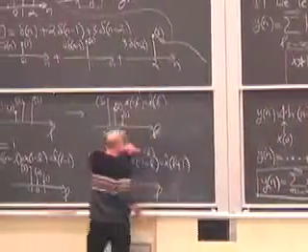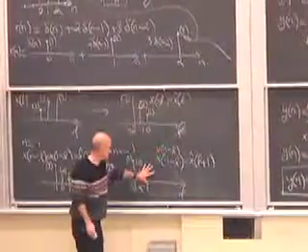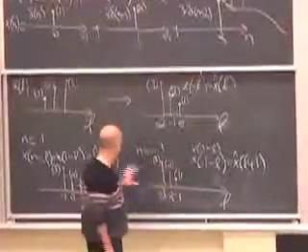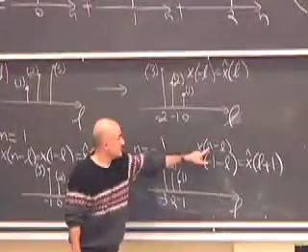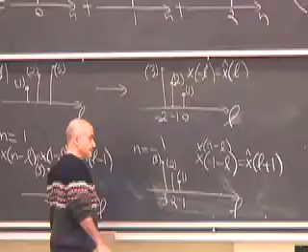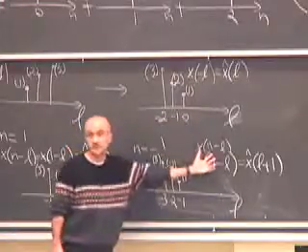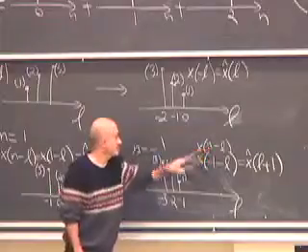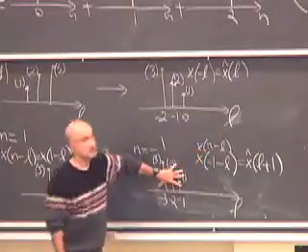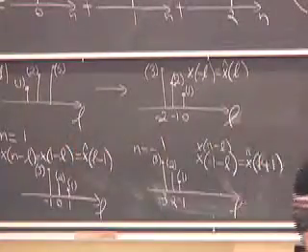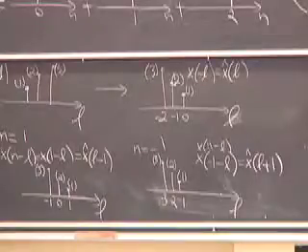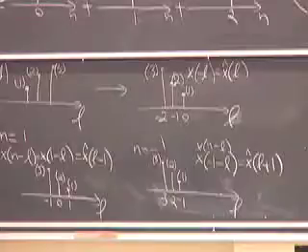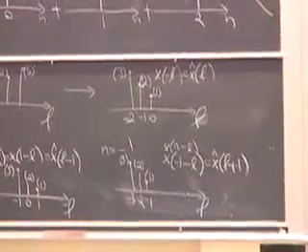What is the first n for which this flipped and shifted version overlaps with h? So now I start n equals minus infinity, and I start sliding. Where is h? Here.